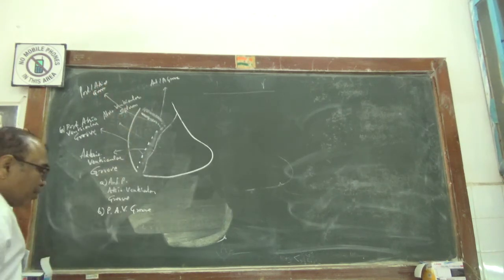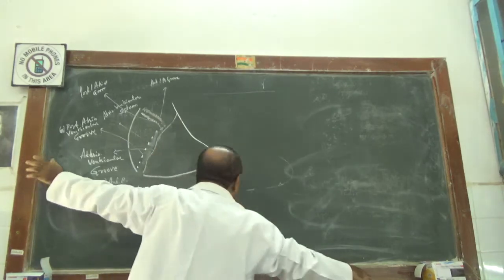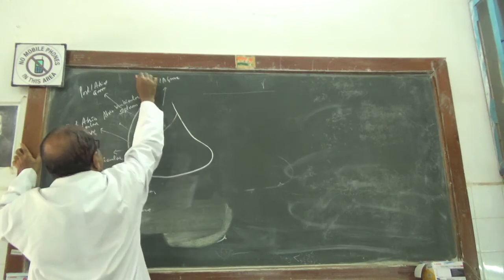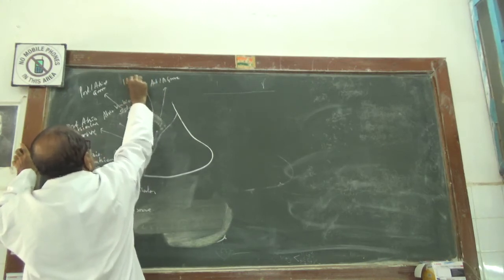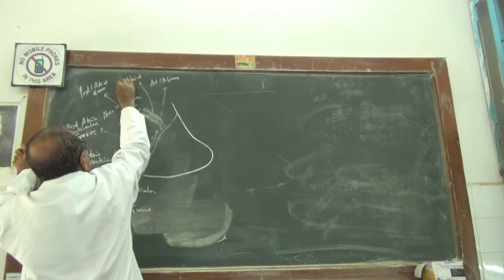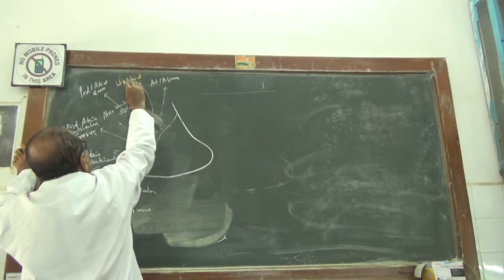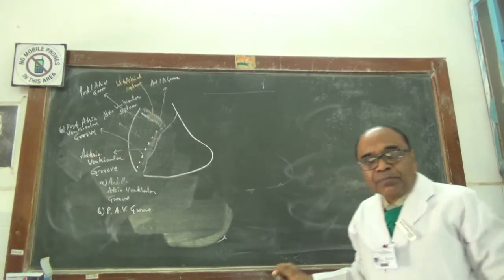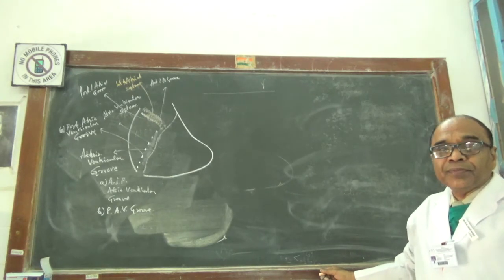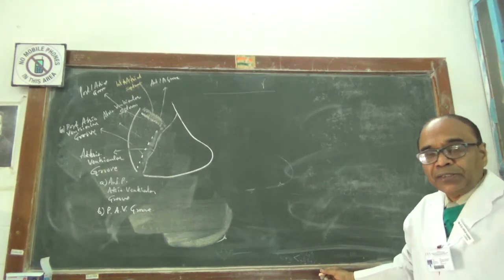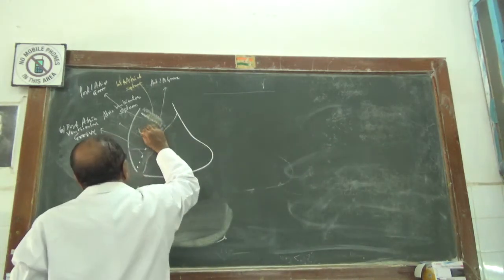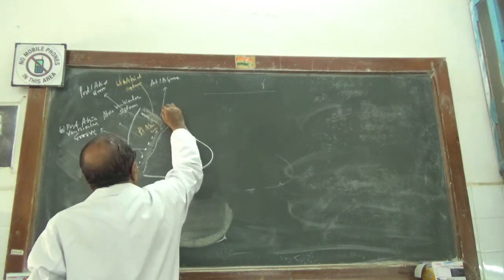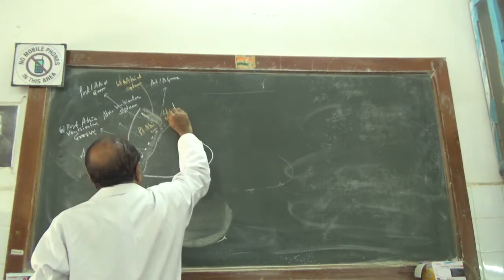Now these together run inside and then form the interatrial septum. So the interatrial septum divides the atrial portion of the heart into two, that is the right atrium and the left atrium.